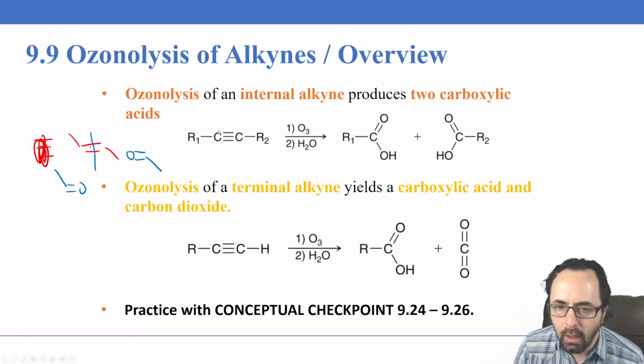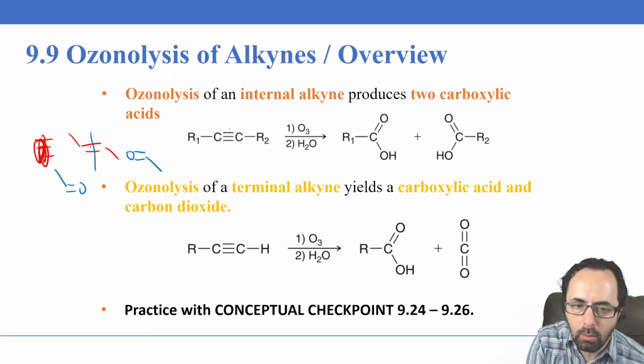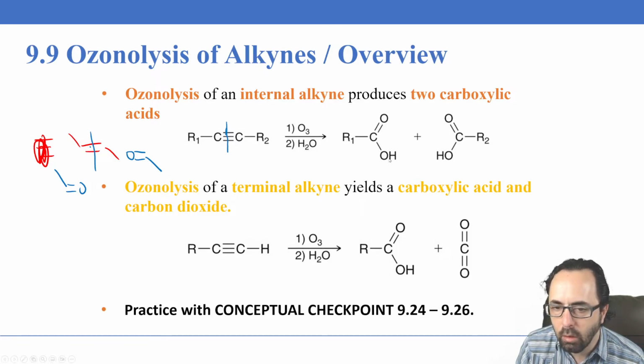So when it comes to the ozonolysis of an alkyne, it's similar, but instead of just chopping and having the carbon double bond to oxygen like this, we're going to chop, and then the carbon's going to double bond to oxygen, but also we're going to add an OH group to it. So we end up with a carboxylic acid here.